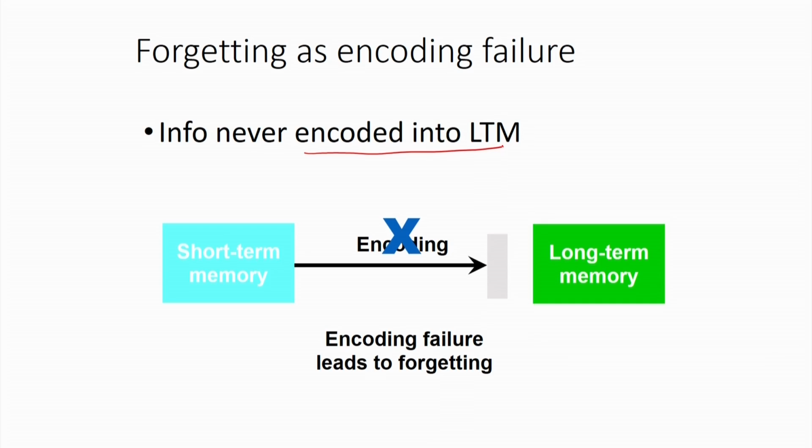Or the function key: some people never use the function key, so they never know, because they never encoded it. That is called the encoding failure theory. Information which is never encoded into LTM, never passed from short term memory into long term memory, is the reason for the forgetting.